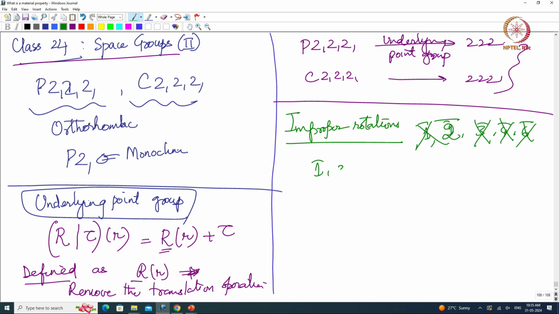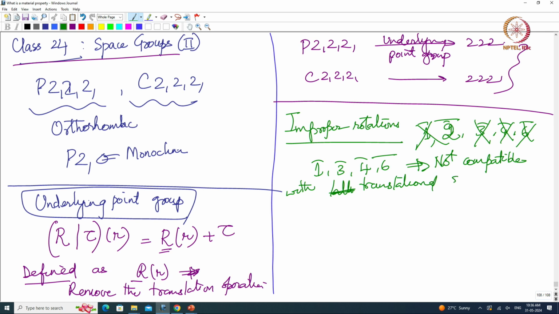So the 1 bar, the 3 bar, the 4 bar, the 6 bar are not compatible with lattice translation, with the translational symmetry upon combining with sublattice translations.